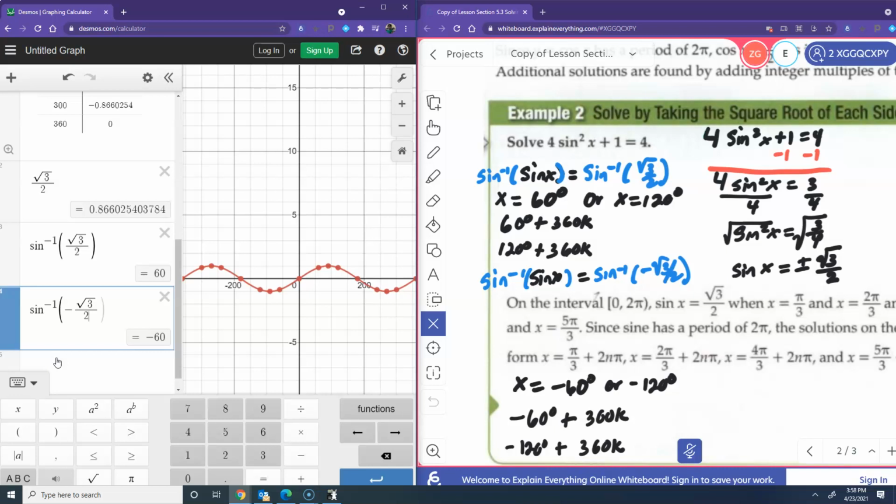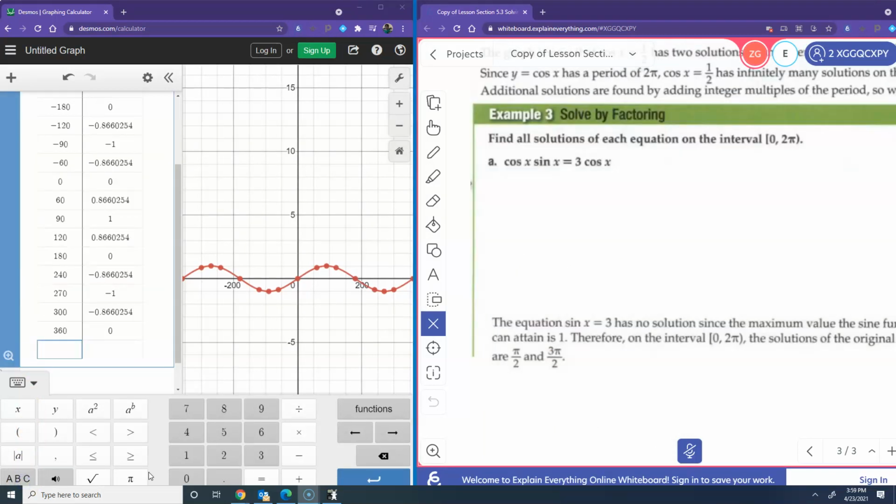And if you look at the line above that, it's giving you the answer in radians. So let me highlight it so you know the answer in radians.